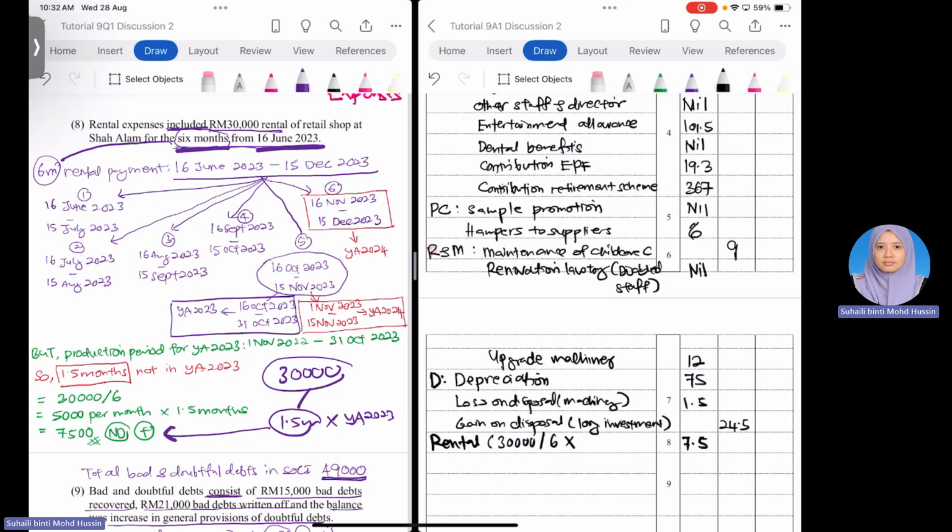You should know how many months are not for the year of assessment 2023. So you just times 1.5 month. So you add it back, 7,500 ringgit. Okay, that was number 8.